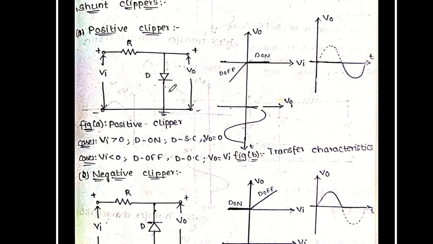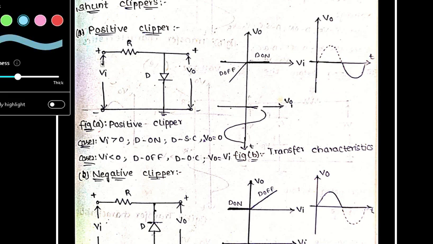Here 2 volts, there 0 volts. Therefore, the diode is forward biased. The diode is forward biased, it behaves as a short circuit. When the diode acts as a short circuit, the output voltage across the short circuit is equal to 0.